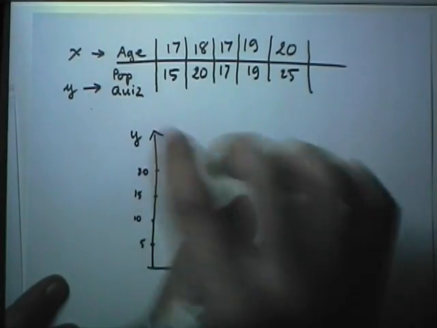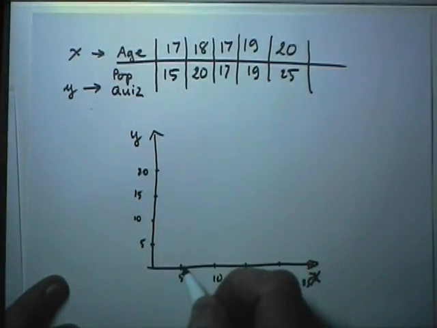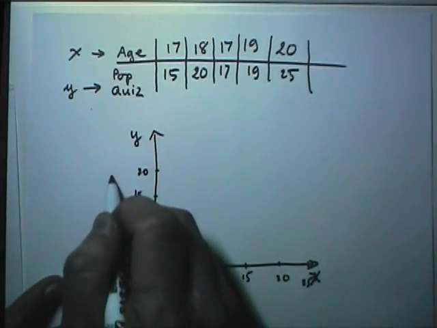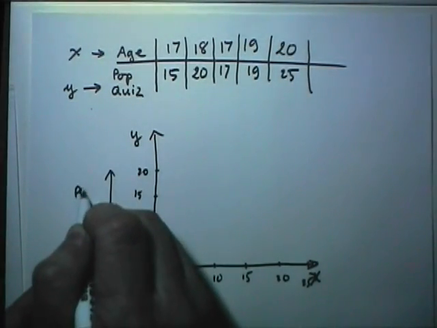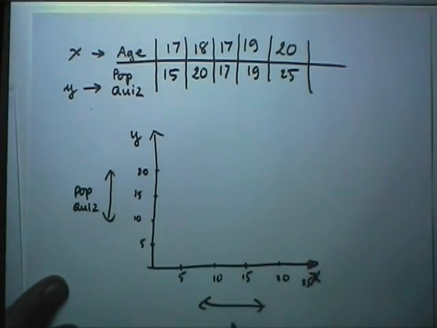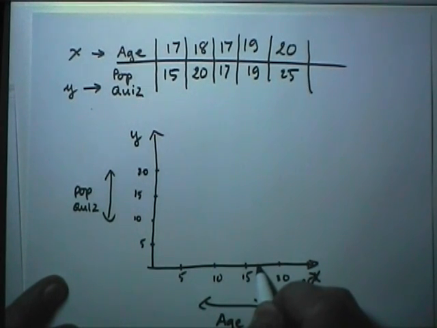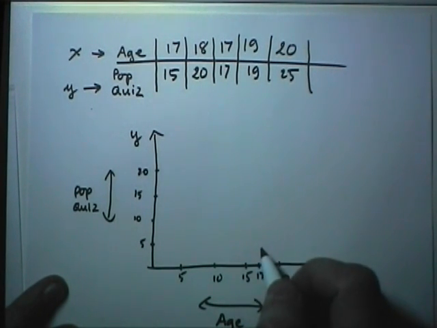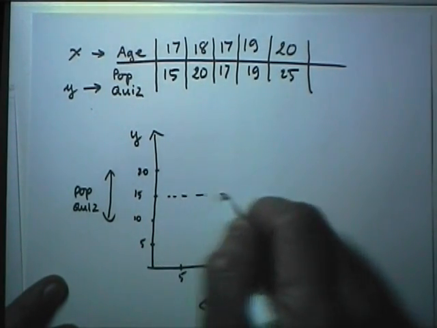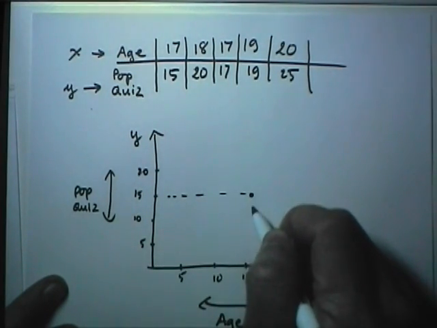When we plot these points on the graph, this side is for pop quiz and this side is for age. So when your age is 17, which is almost halfway between 15 and 20, your pop quiz score will be about 15. So this is your first point right here.